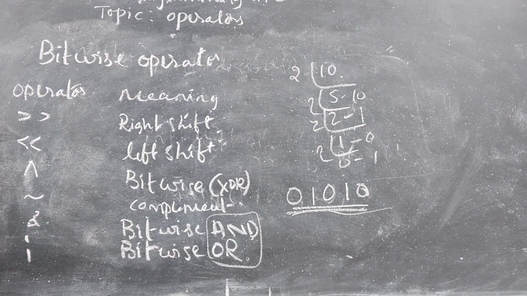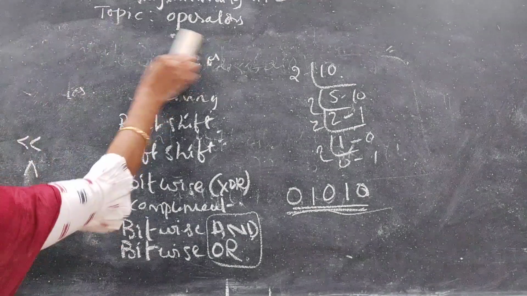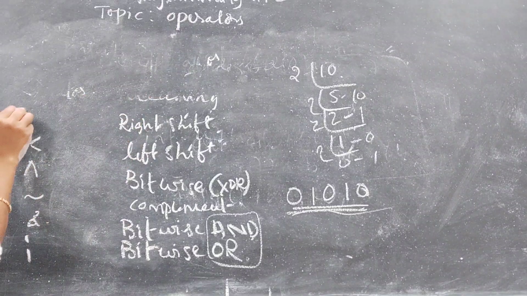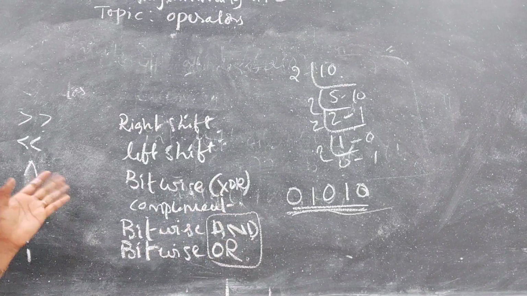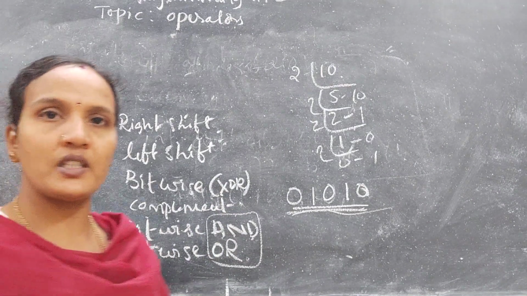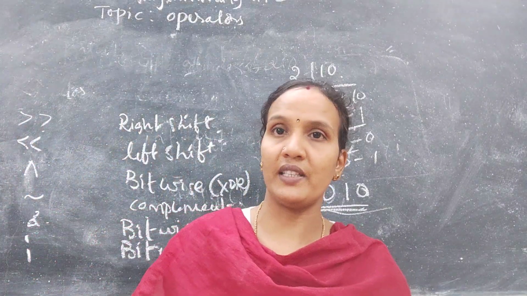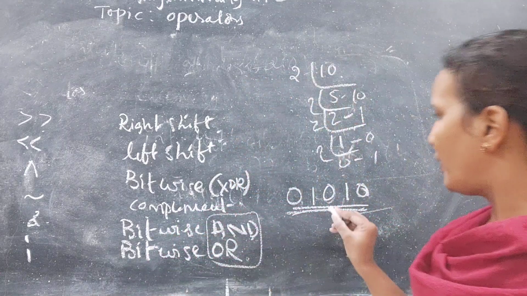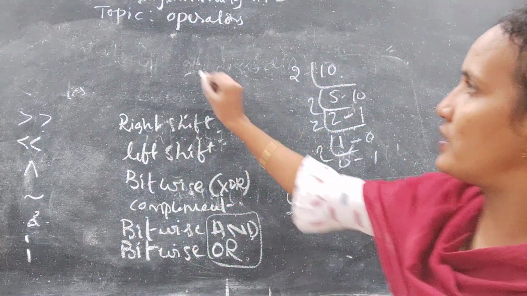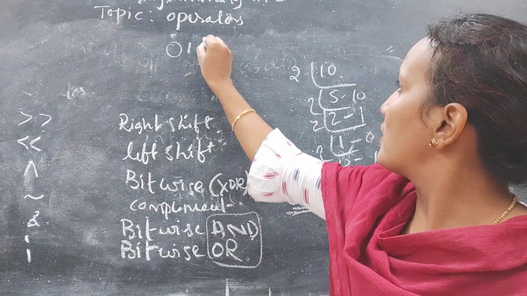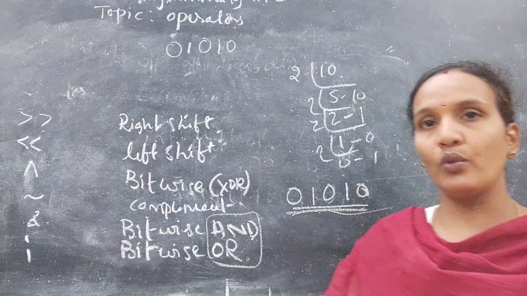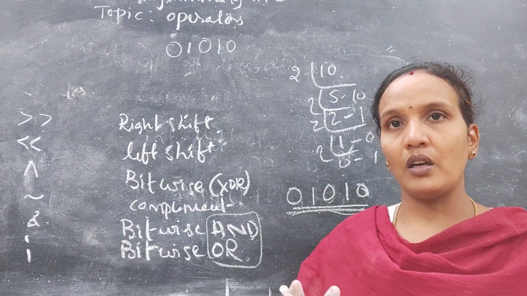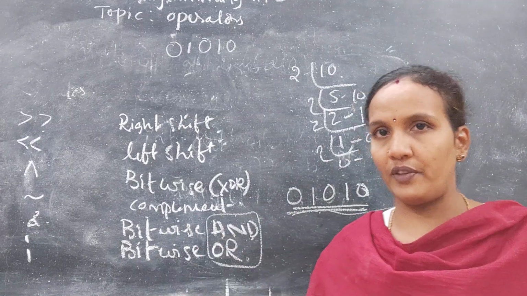Now we will discuss the right shift operator. See the example. As I already explained, these bitwise operators are used to manipulate data at bit level. Here we will take the example of 0 1 0 1 0. Right shift means it will move the bits 2 places forward.